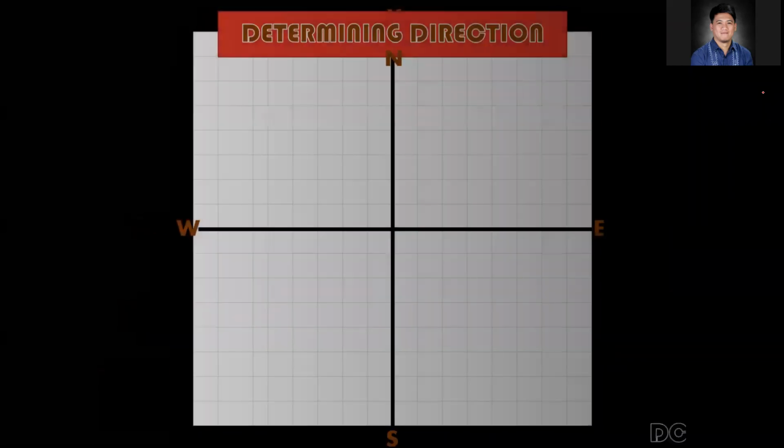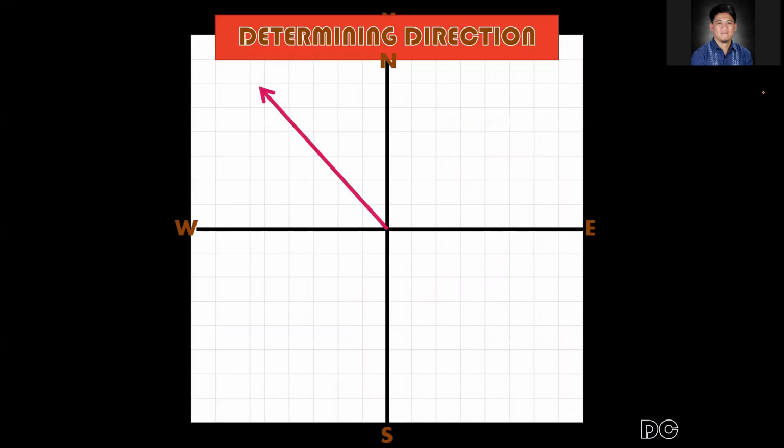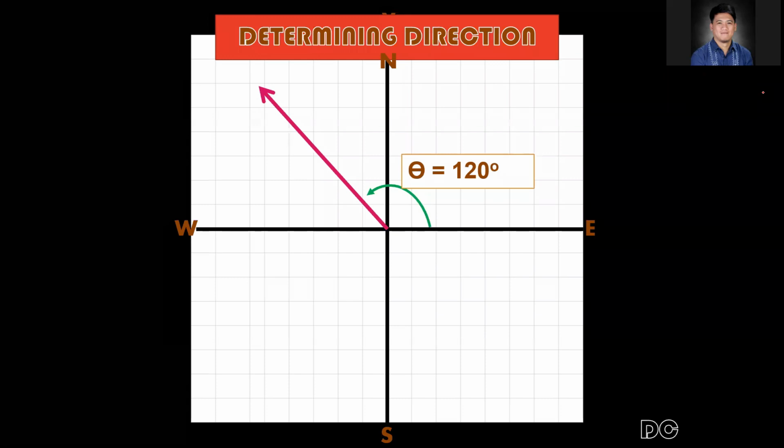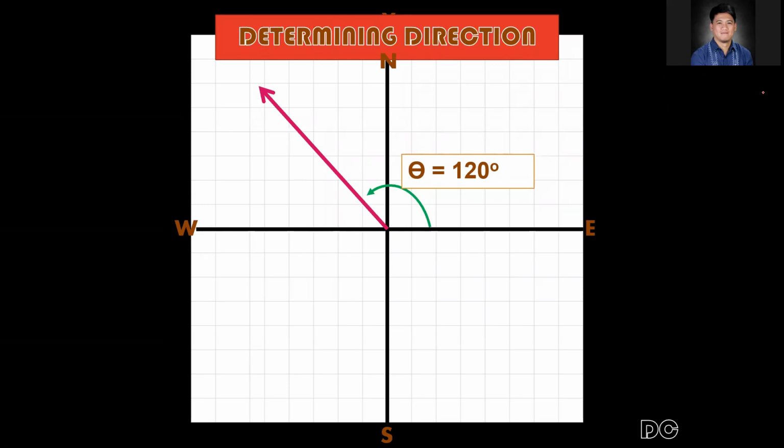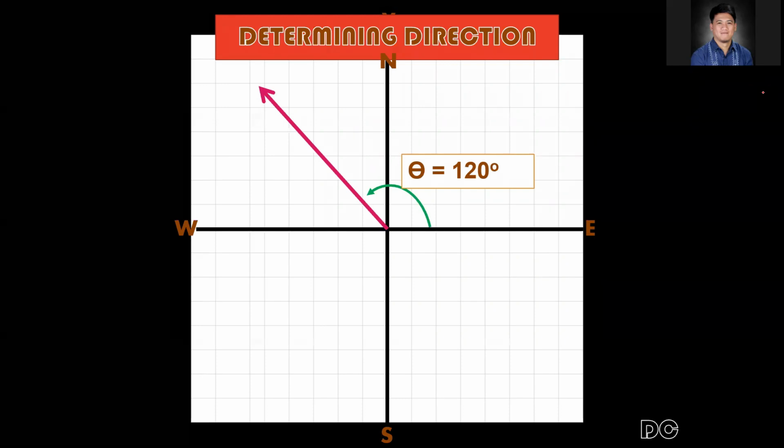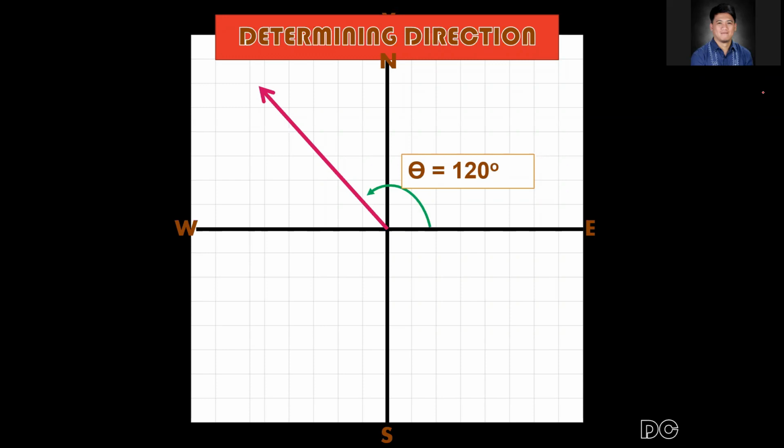So what if this is the case? Angle theta is equal to 120 degrees. Take note, our angle of direction should not be greater than 90 degrees. The angle of our direction is always less than 90 degrees.